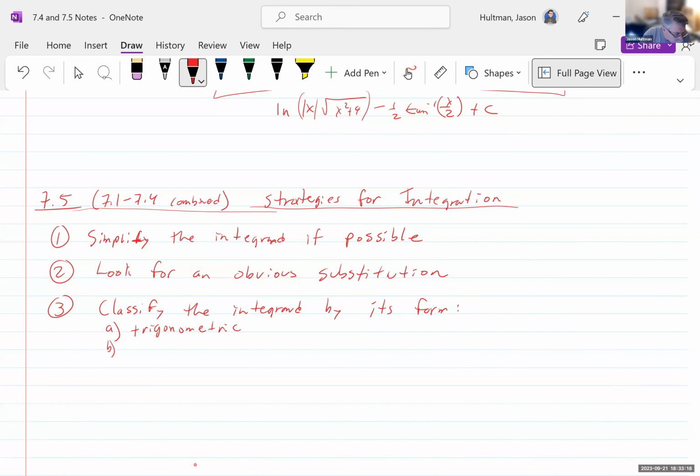Is it trigonometric? Is it a rational function? Okay, are we gonna have to use natural logs? Are we gonna have to use long division? Or what are we gonna have to do? Is it products of functions? Which lends it to integration by parts.